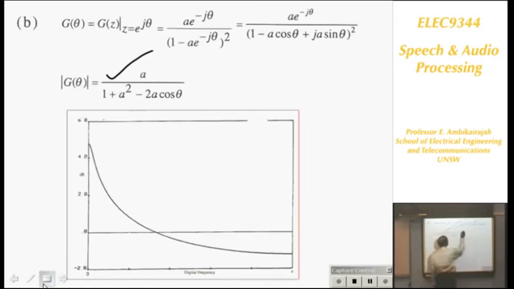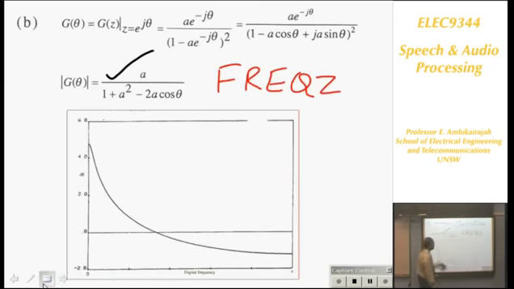You can use MATLAB if you want, without all this process. freqz, then plot, and that will give you the frequency response in one go. You don't need to do all these now. That is what I have done.